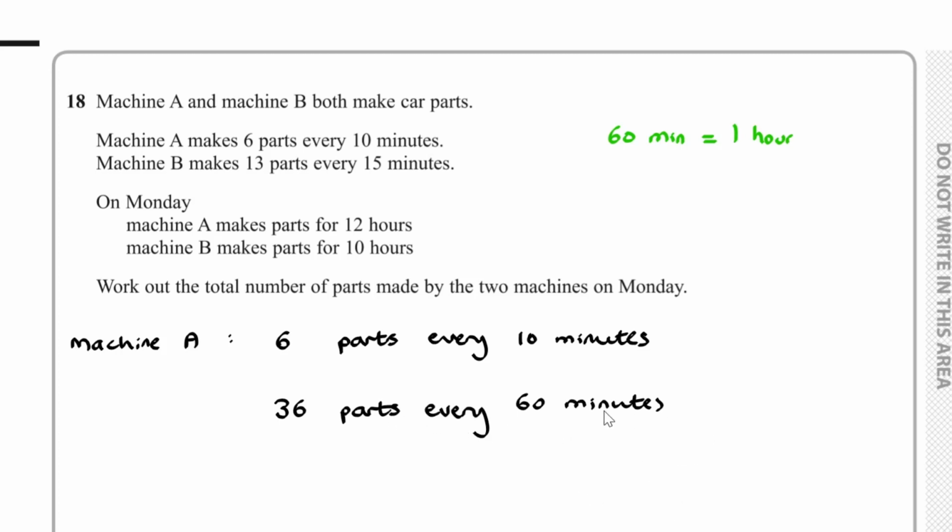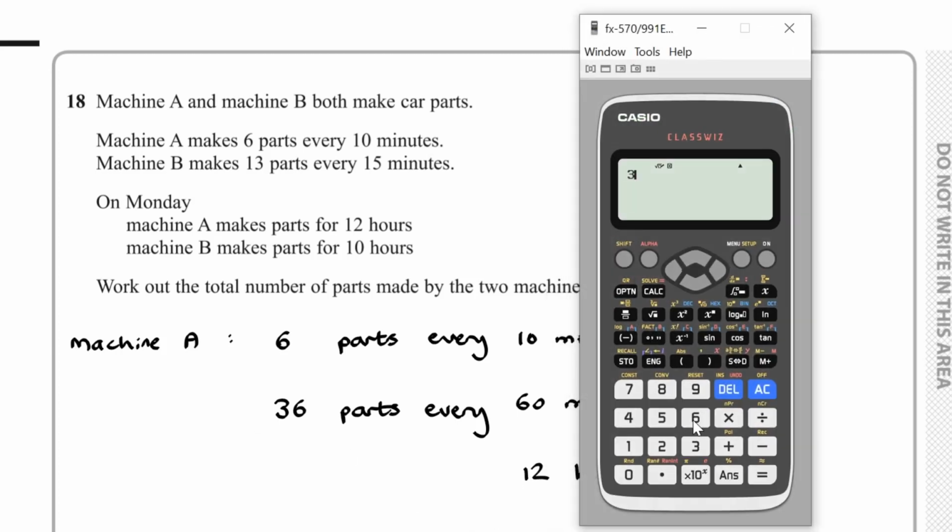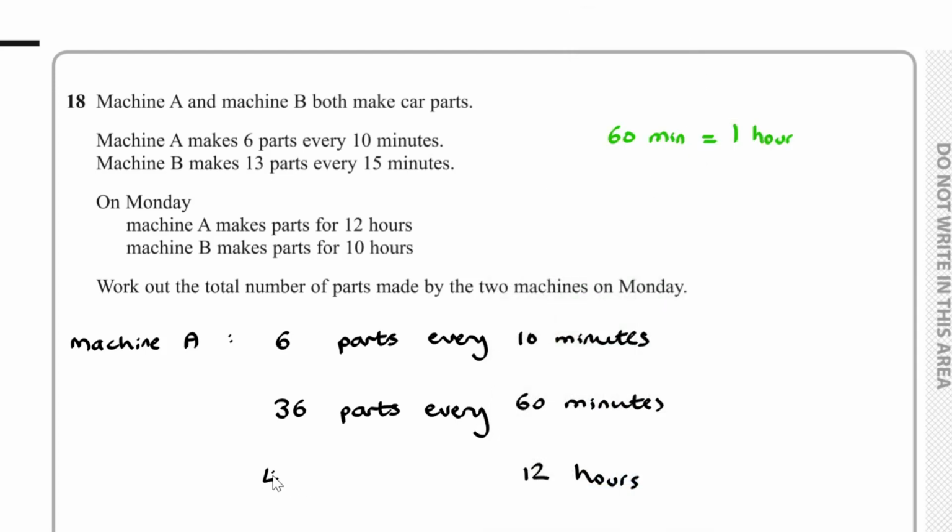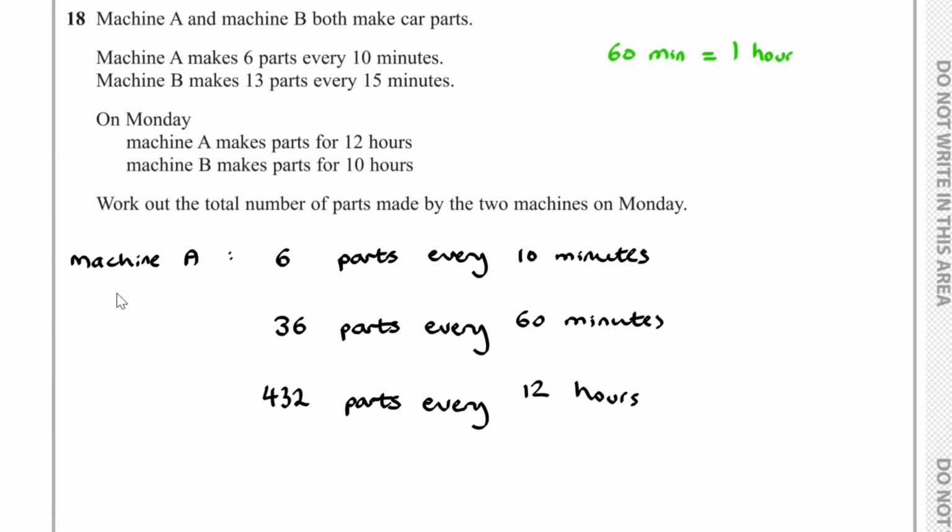That's quite useful, because in 1 hour there's 36 parts, and therefore in 12 hours, we multiply 36 by 12, and it turns out we get 432. So here we have 432 parts every 12 hours. So that's for Machine A.